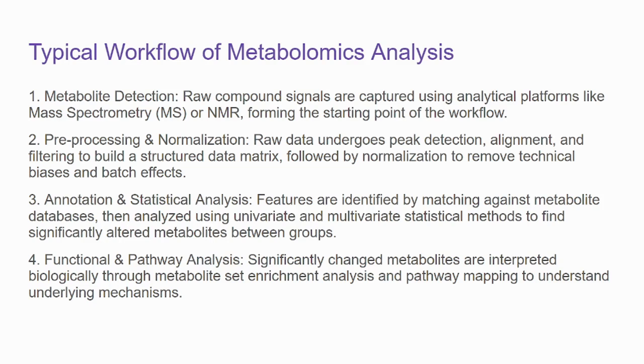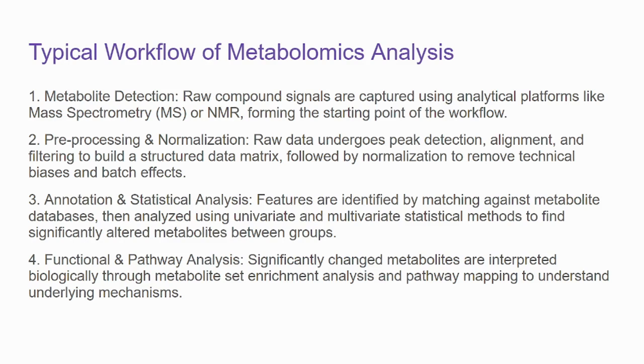But in our pipeline, we do normalization with the statistical analysis. And after that, annotation and statistical analysis. There we have two types of statistical analysis. We'll be discussing it when we do meta-analysis: univariate and multivariate statistical methods to find the significantly altered metabolites between the groups.